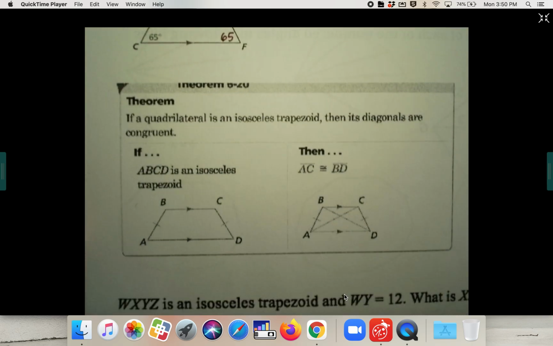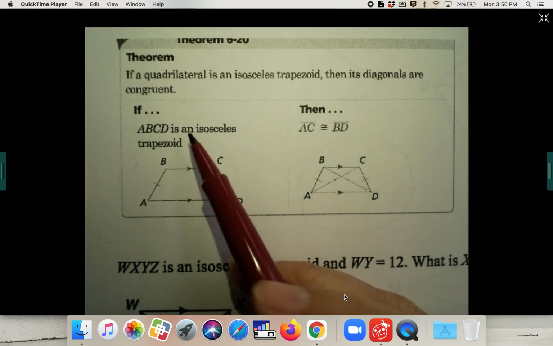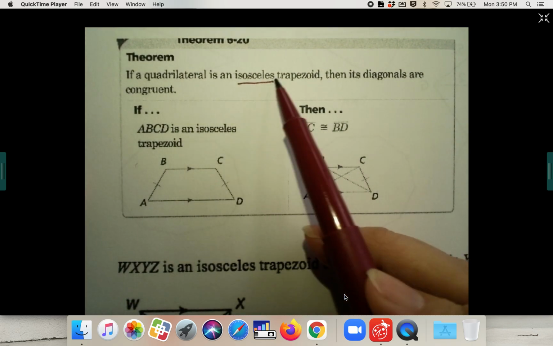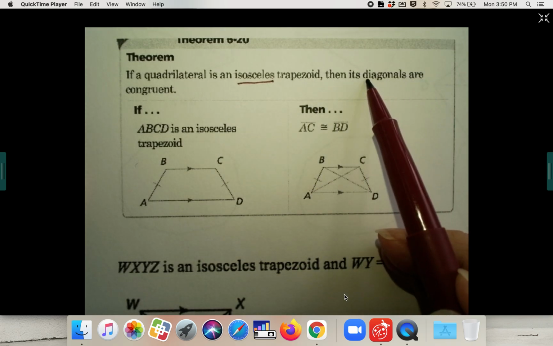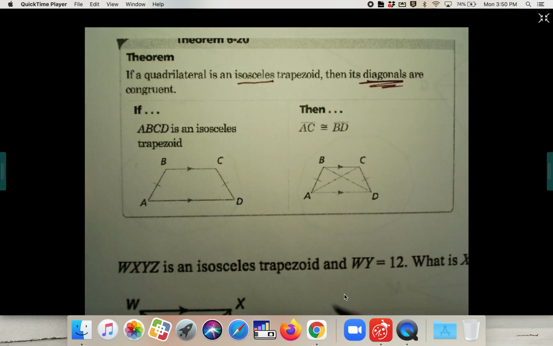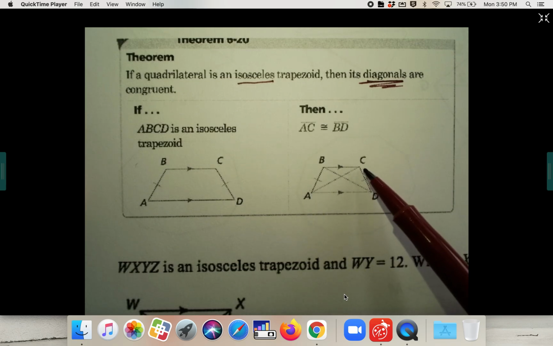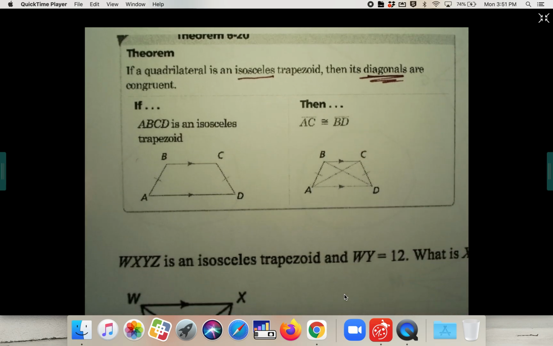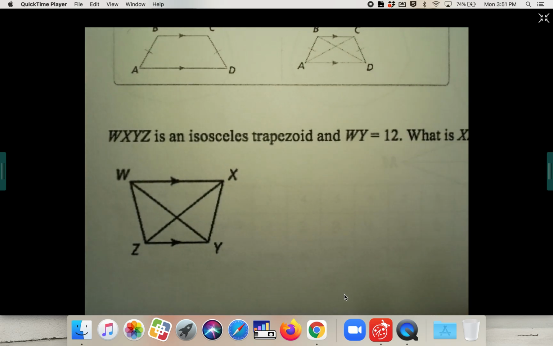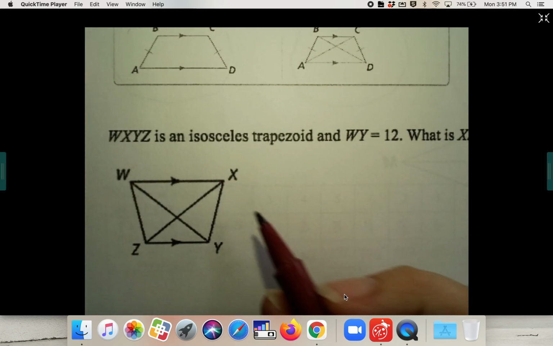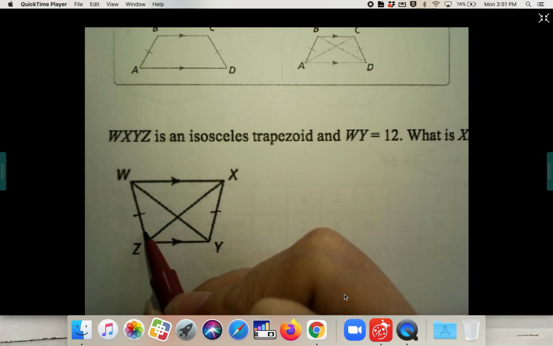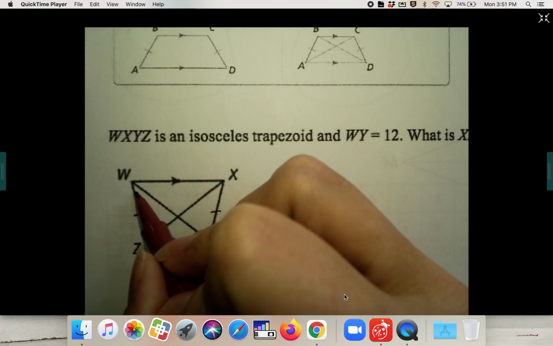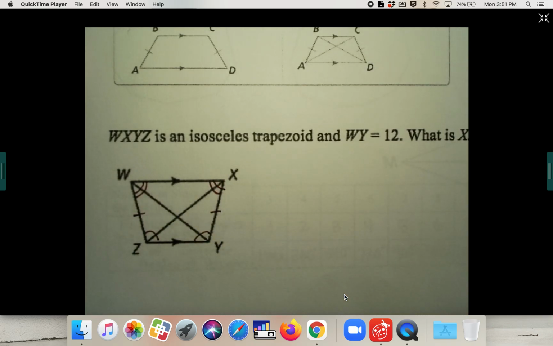All right, so here's the deal with the theorem. If a quadrilateral is an isosceles trapezoid, then its diagonals are congruent. So AC would be congruent to BD. Let's look at a practice problem of that. This is an isosceles trapezoid, meaning this and this and this and this are equal.